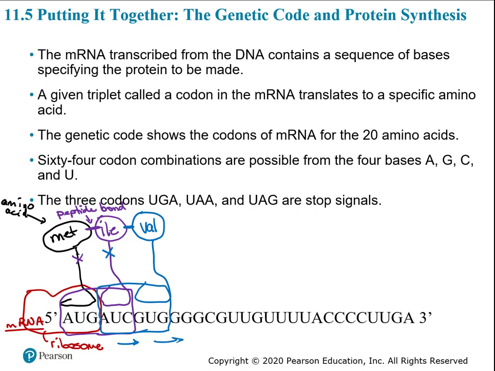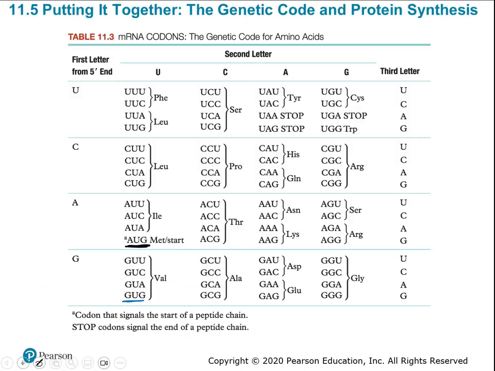Then the ribosome slides down 3. Now it's got GGG. So what will this amino acid be? GG, yep, that's glycine. Oh, this one, not GGC. So do you see that one down in the corner? GGG.